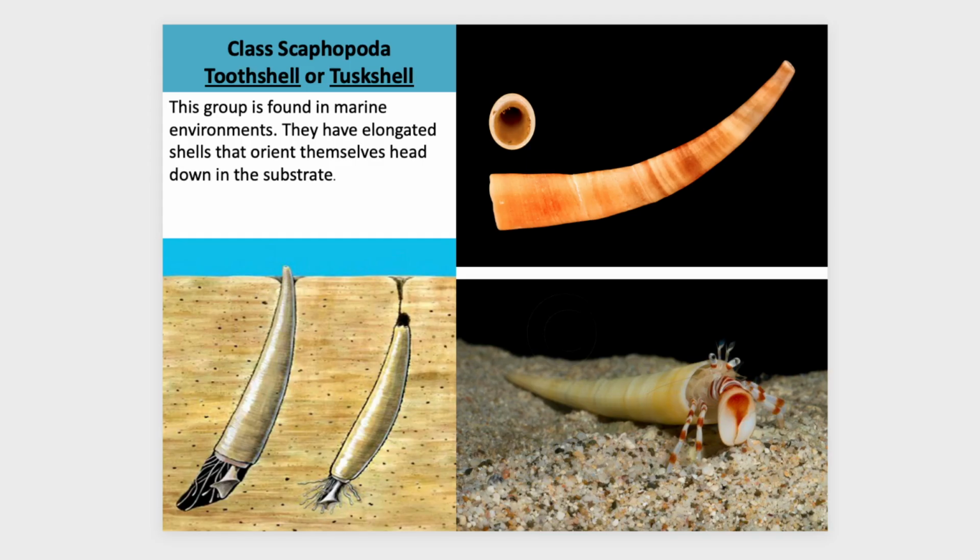And then they can use that to actually respire through the opening in the tube as it comes out of the sand or whatever sediment layer they're in. And then they can retract all the way in to avoid predators, as you see there in the bottom left image. So that larger opening, that's where the animal's muscular foot would extend down to anchor the animal. So it can adjust its depth into the sea floor, which is pretty neat.